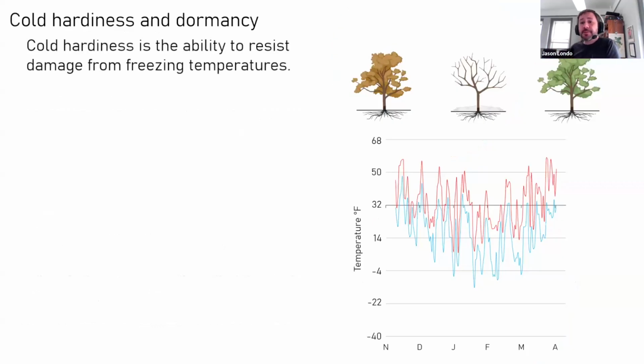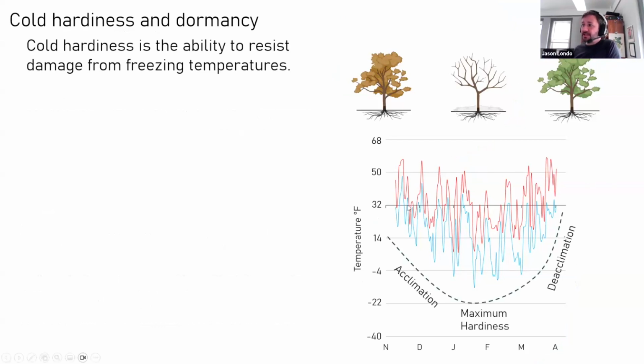I want to spend a little bit of time explaining what cold hardiness is and how it manifests through the winter. Cold hardiness is simply the ability of a tissue to survive all of the minimum temperatures through winter without sustaining any damage. Pictured here on the right is a cartoon representation of that. In red and blue are the highs and lows of a given winter, and this dashed line would be a cold hardiness curve, where we're tracking the changing ability of the tree to survive freezing damage.